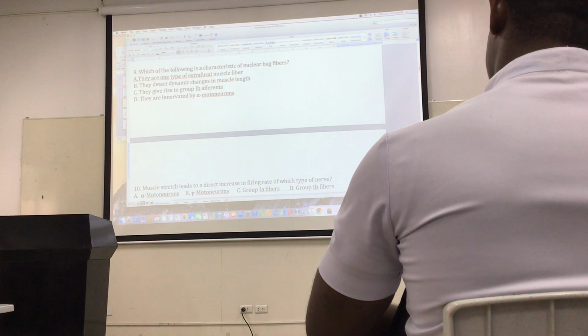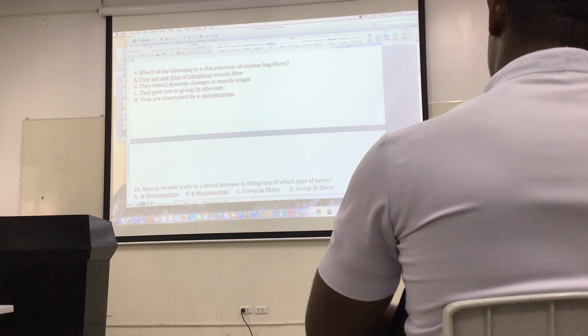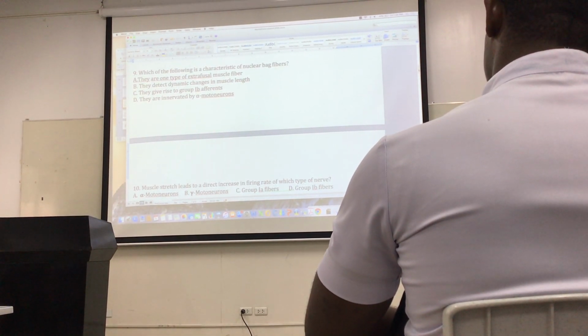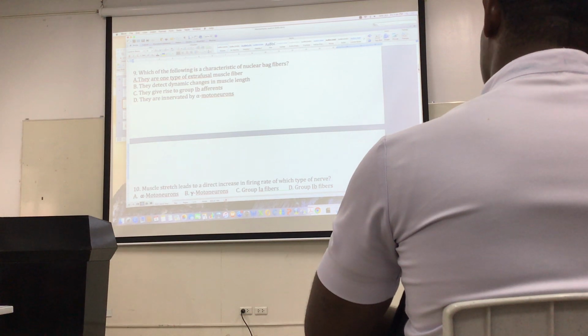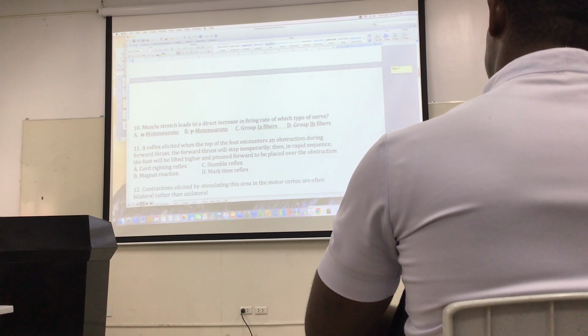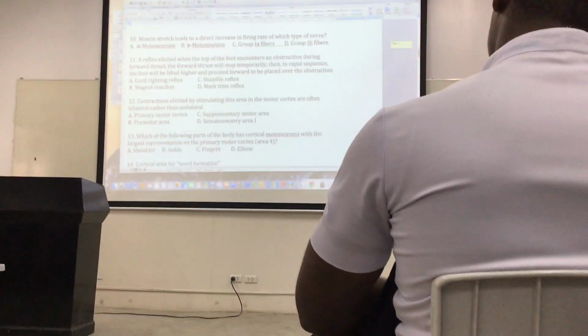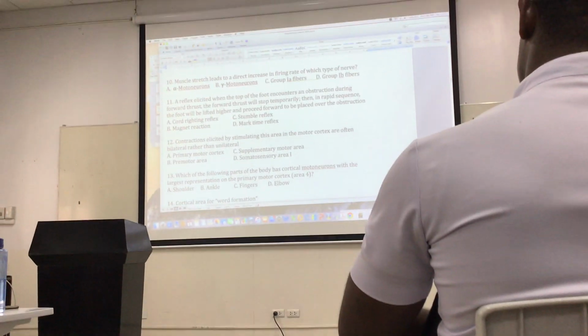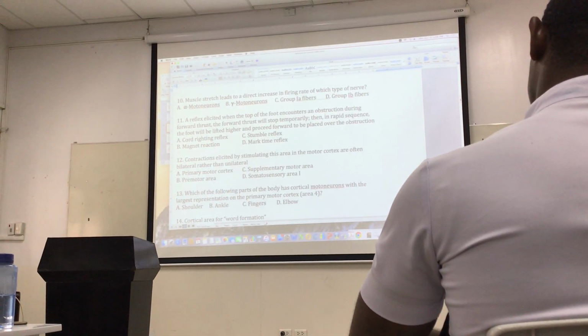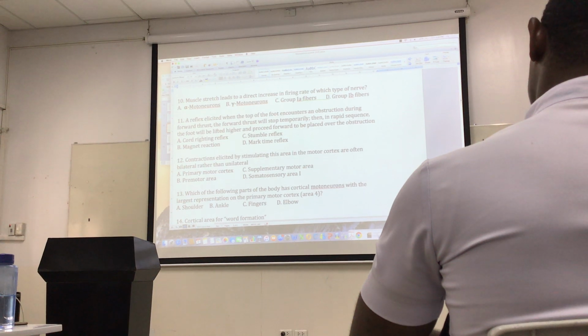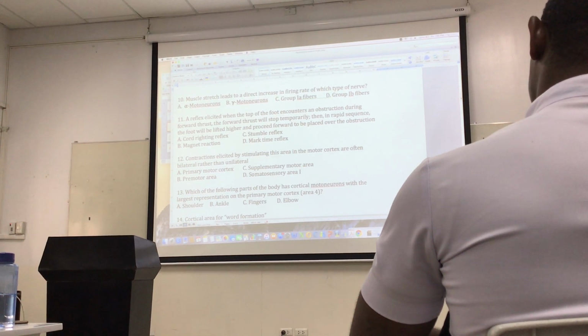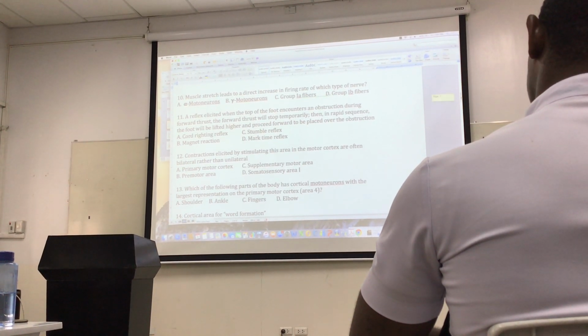Letter B, dynamic reflex. They're a type of intrafusal muscle fiber. Number 10, muscle stretch. Which type of nerve fiber? Letter C, that's group 1A fibers because of the muscle spindles.